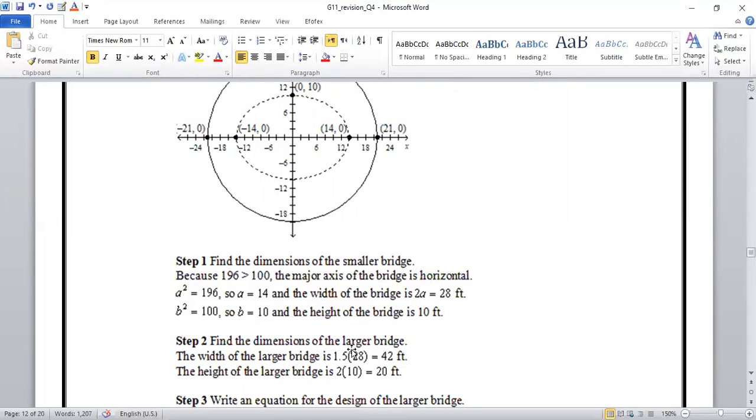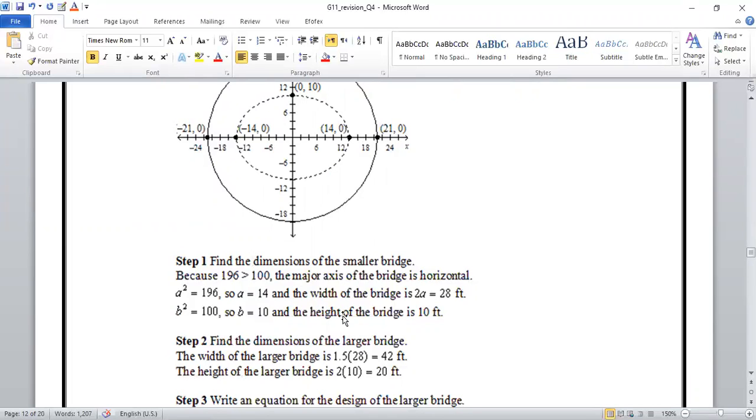Find the dimensions of the larger bridge. The width of the larger bridge is 1.5 times the smaller: 1.5 times 28 equal 42 feet. So this distance equals 42 feet, and the distance from the center to this point equals half of 42, which is 21.